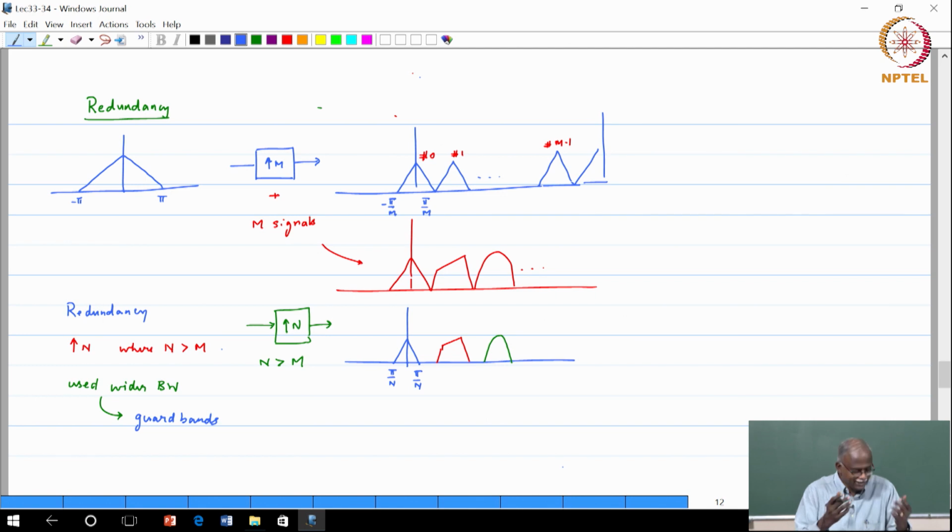If I increase the sampling rate more than I need to. Okay. So in other words, when I have m signals and I upsample by a factor of m, then the FDM signal, the frequency division multiplex signal, has the minimum sampling rate that is required. Basically the output signal is running at m times the input sampling rate.